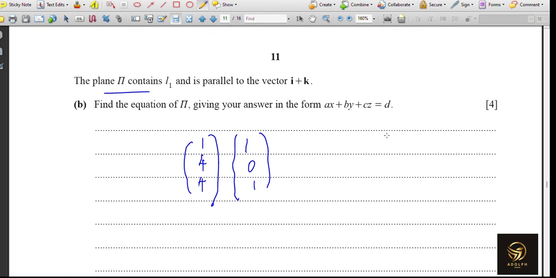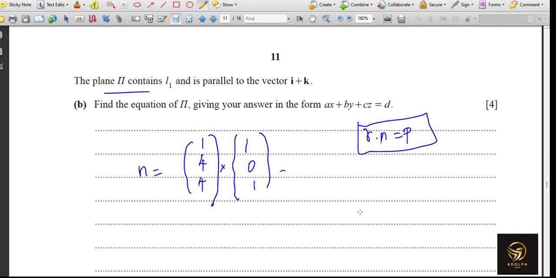We need to find the equation in the form ax plus by plus cz equals d. We know that r dot n cap equals p. This is the keyword you have to keep in mind. n is the normal to the two vectors, so I have to take the cross product here.